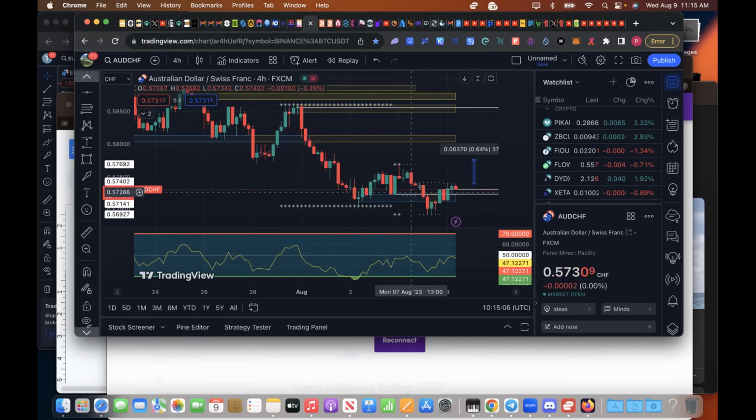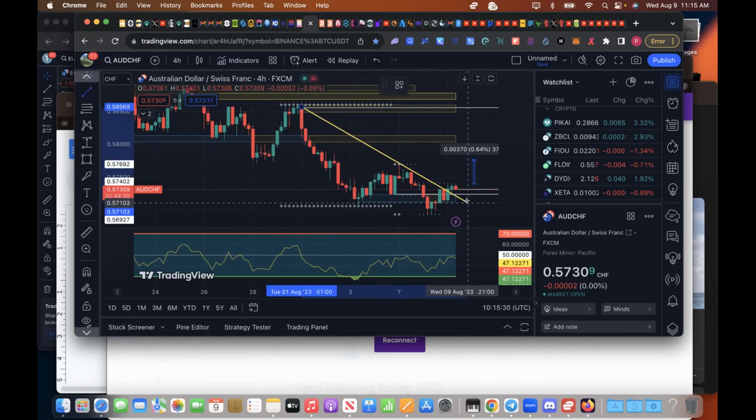AUD CHF, I think it is good for buying because if you try to draw a trend line, yeah, it's a good buy, but I don't like short trades. I think it's like a breakout. Just draw a trend line, you see.